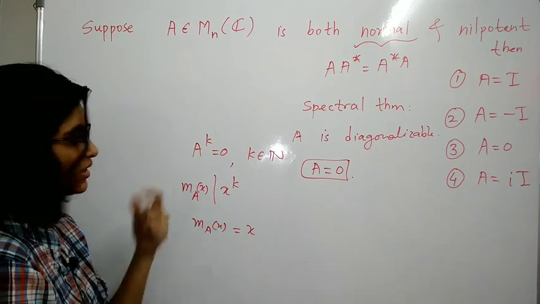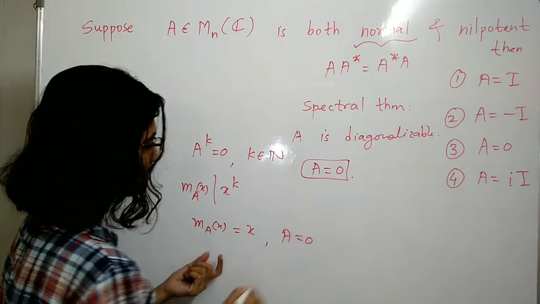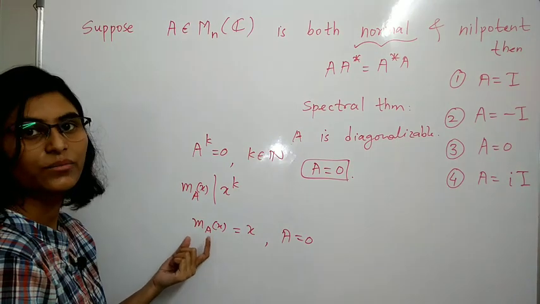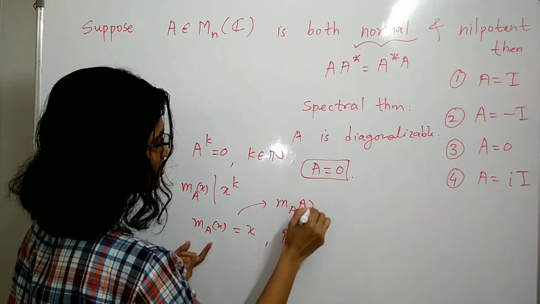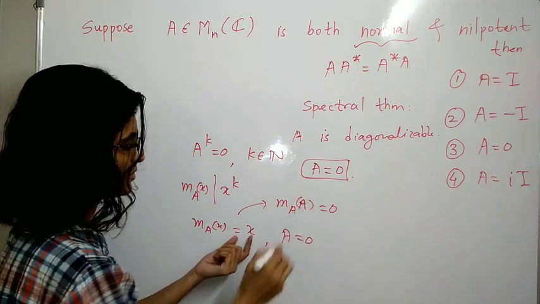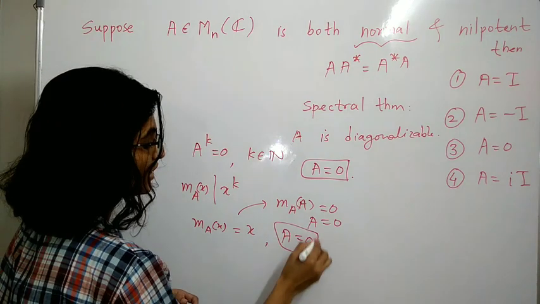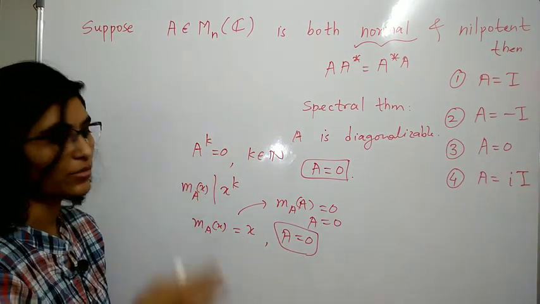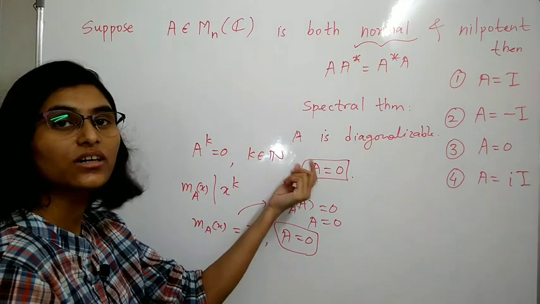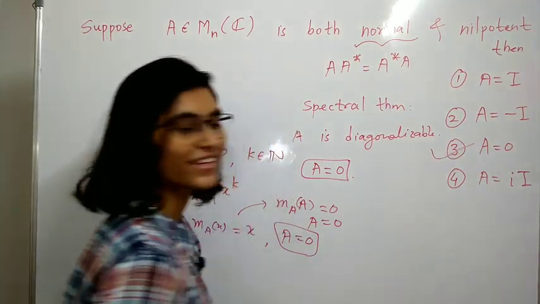That means A is equal to 0, because A satisfies its minimal polynomial. That means m_A of A is equal to 0, so A is equal to 0. So whenever we have a nilpotent matrix which is diagonalizable, that matrix must be the 0 matrix. So the third option is the correct option.